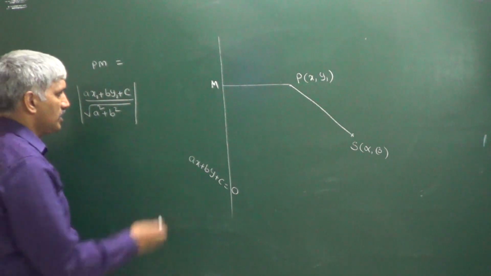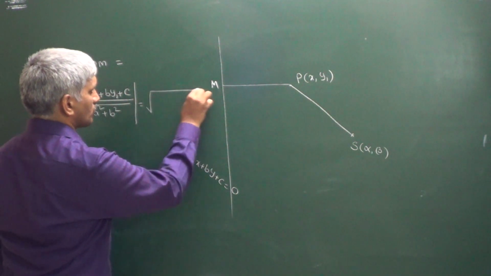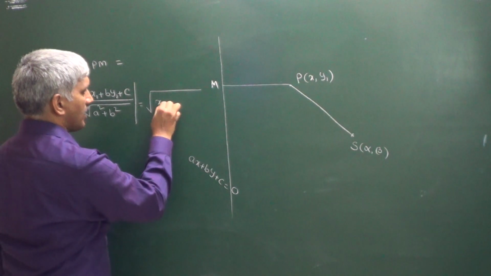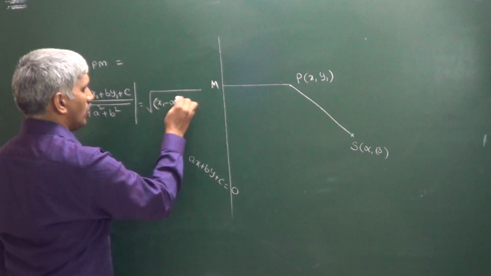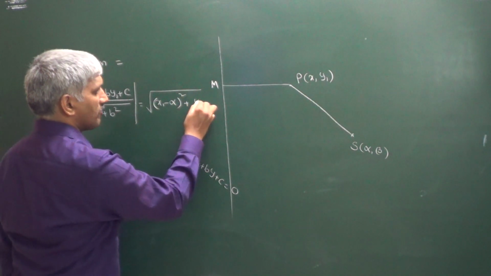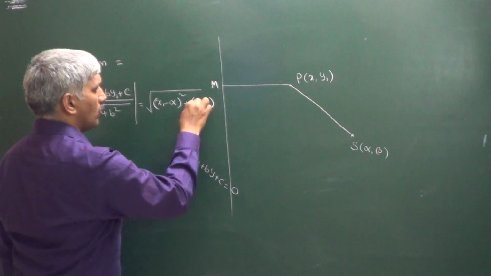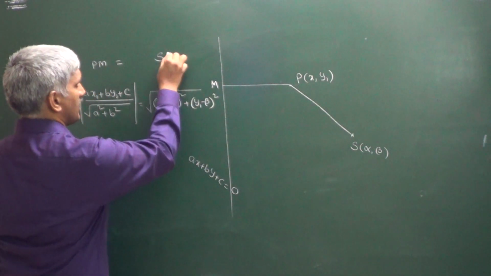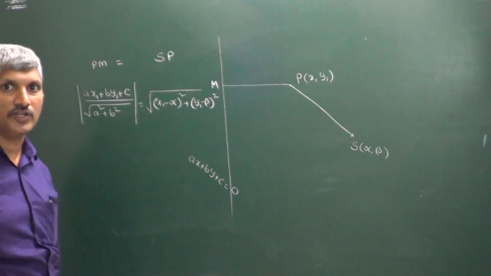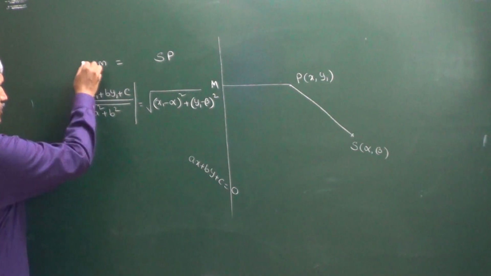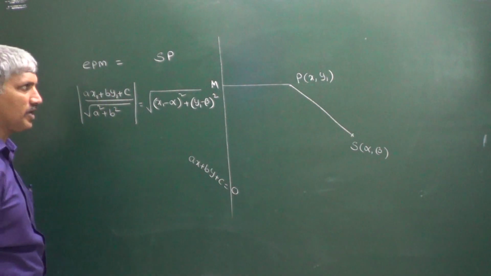Now what is SP? SP is equal to the square root of (x1 minus alpha) whole square plus (y1 minus beta) whole square. So that is nothing but SP. But according to the definition of a conic section, SP must be equal to e into PM.